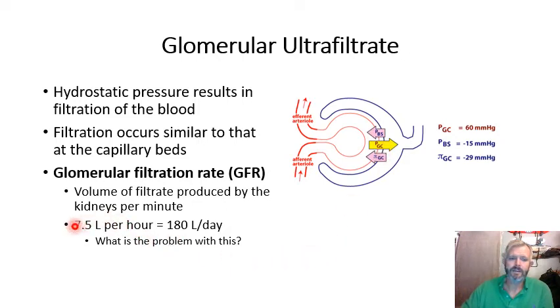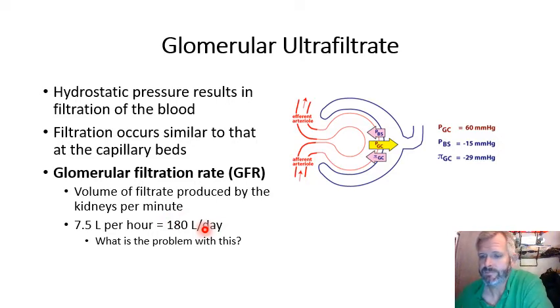There's roughly 7.5 liters per hour over all your nephrons in your kidneys. There is about 7.5 liters filtrated per hour. You times this by 24 hours in the day, and that would get you to 180 liters a day.